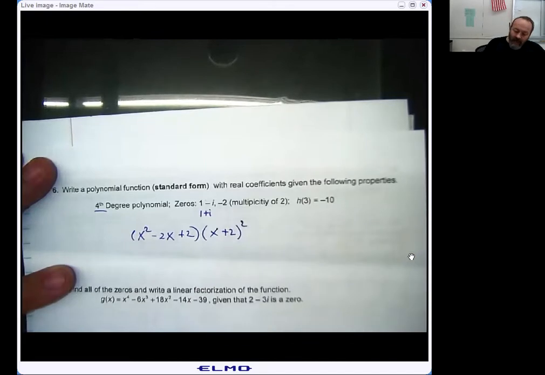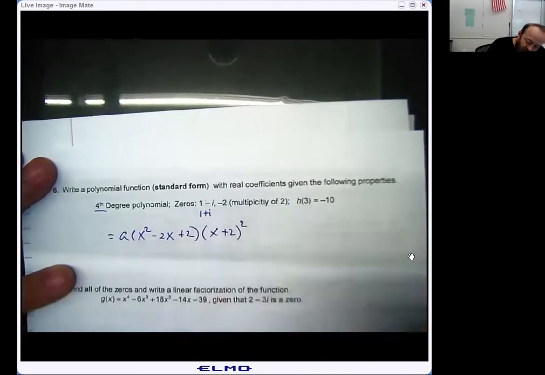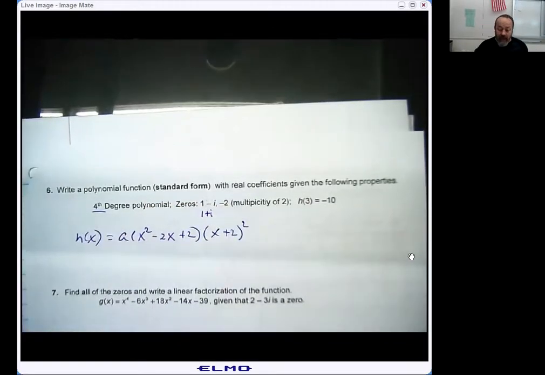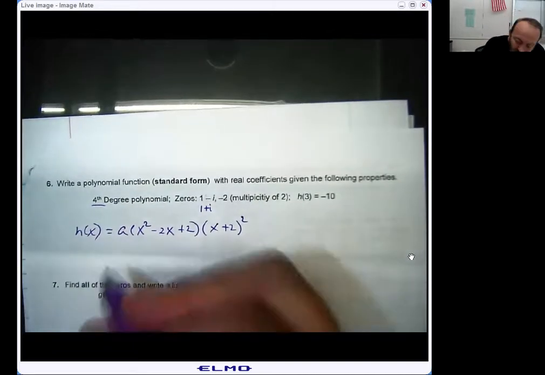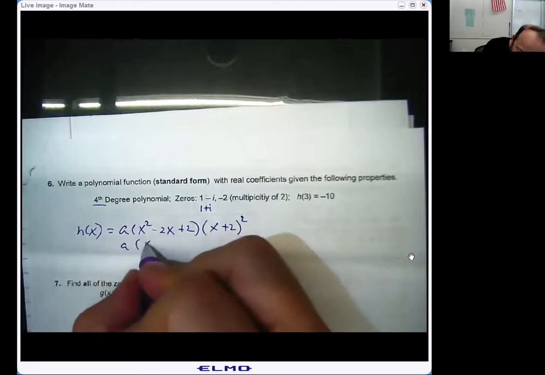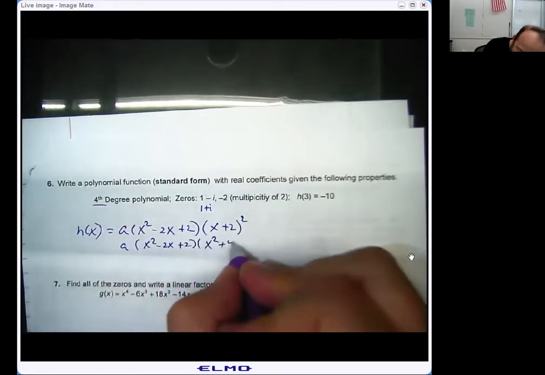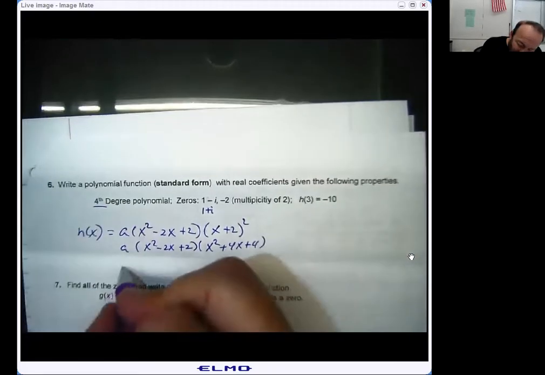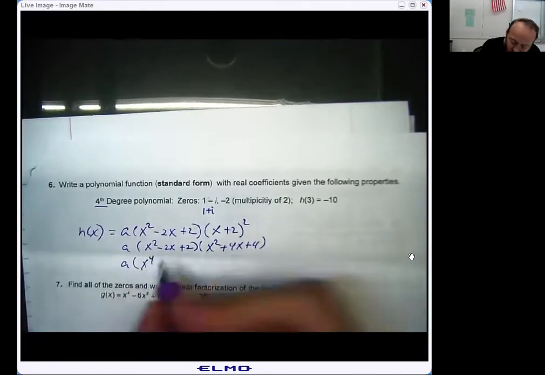There we go. Now, as it stands right now, there's one extra little piece of the puzzle: this is my polynomial, but I can actually use this to come up with what that a value is. So let's go a little bit further. I'm going to do a little bit of distribution. This would be x squared plus 4x plus 4. And as we discussed in class, I personally like to look for the biggest exponents first, which I see x to the 4th.